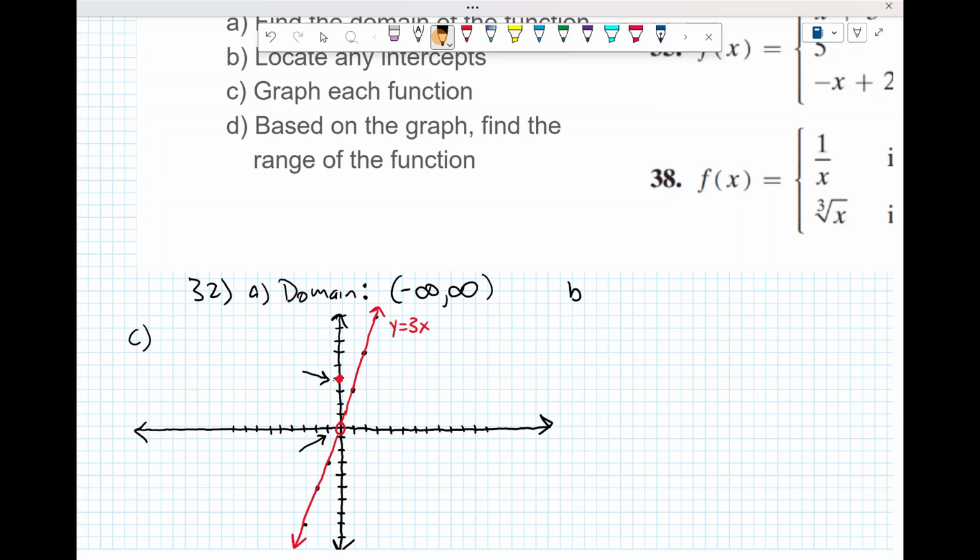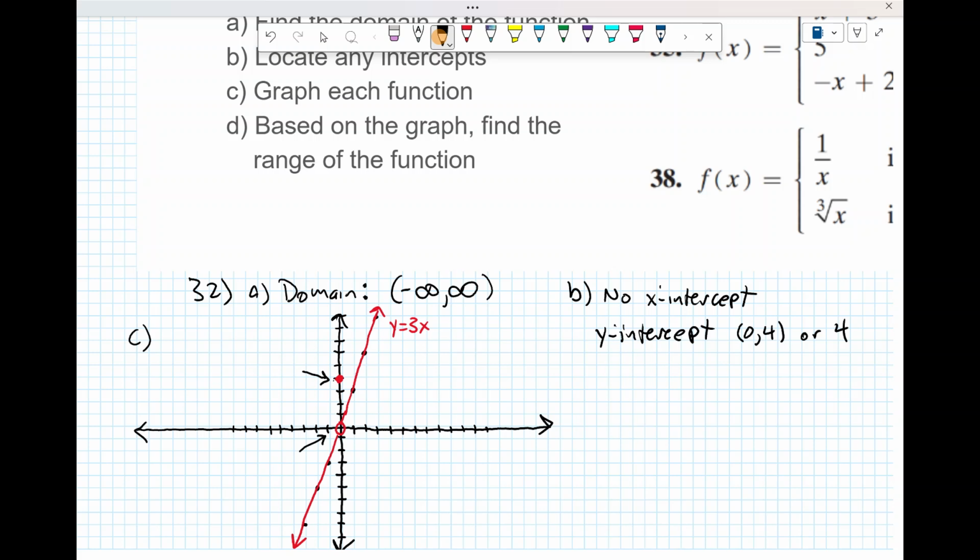So we could say that there is no x-intercept and the y-intercept is 0, 4. Or you can also say the y-intercept is equal to 4, right? Often the y-intercept can be expressed as a point or as the y value. So the y-intercept is 0, 4, or just 4. Either one of those answers would be fine.